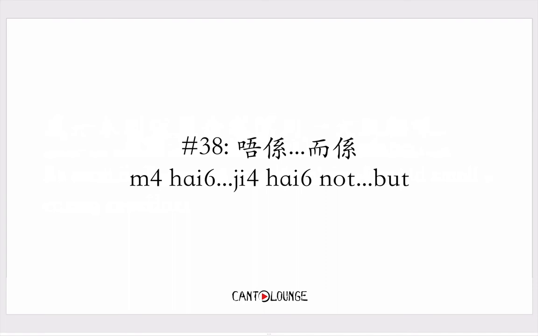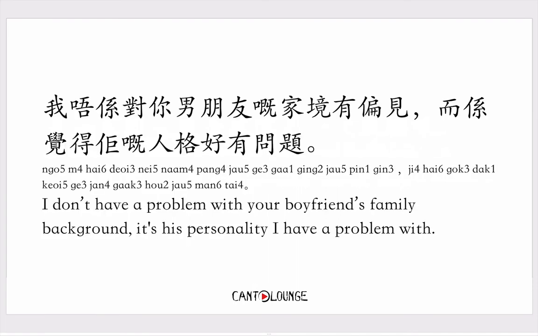So, next we have 唔係 something something 而係 something something. So this again, this is not a sandwich construct. This is a 唔係 phrase, comma, and then 而係 separate phrase. Okay. So, for example, the mom is talking to her daughter, who's just recently got herself a new boyfriend.